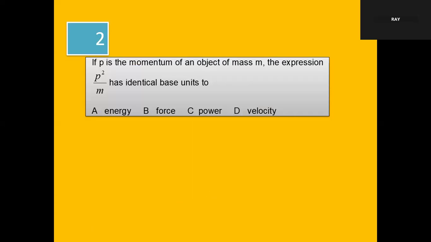How about this one? If p is the momentum of an object of mass m, the expression has an identical base unit to... B squared.